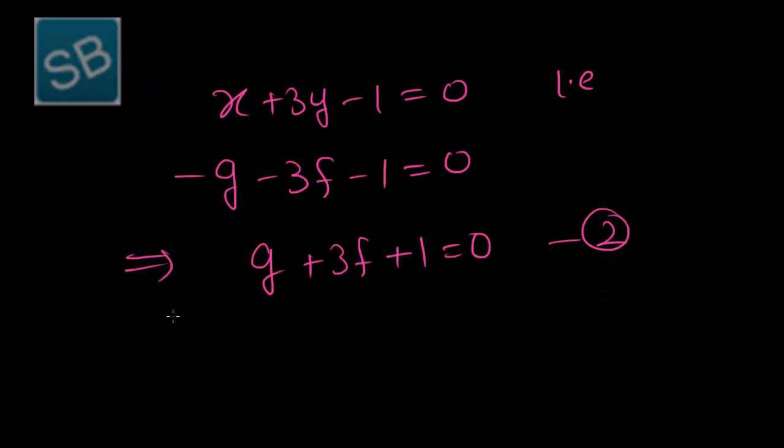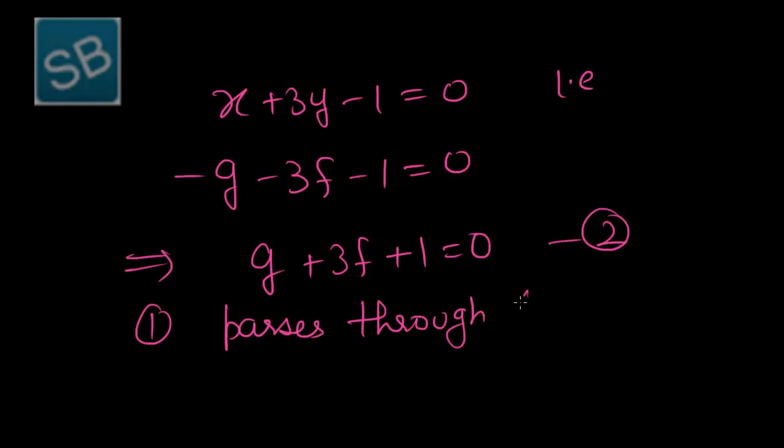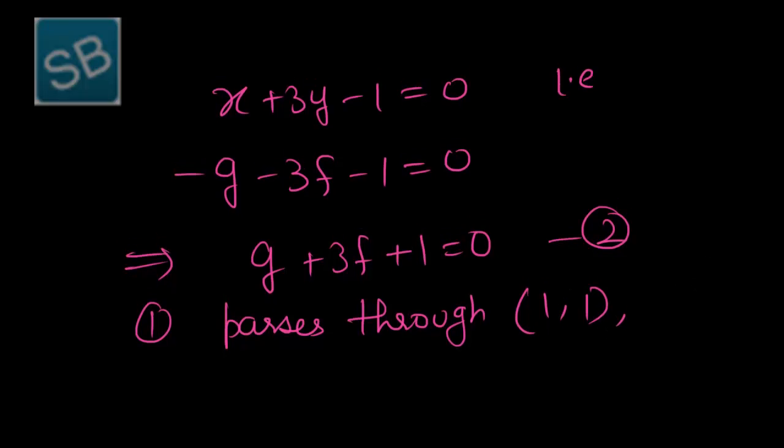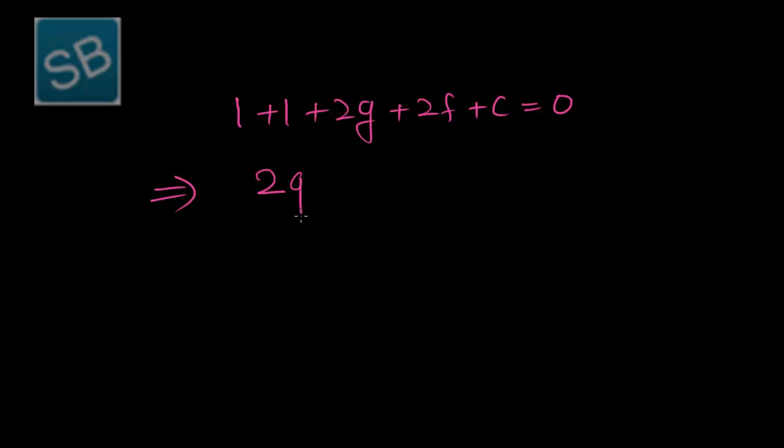As equation 1 passes through (1, 1), it gives 1 plus 1 plus 2g plus 2f plus c is equal to 0. That is, we get 2g plus 2f plus 2 plus c is equal to 0. This is number 3.